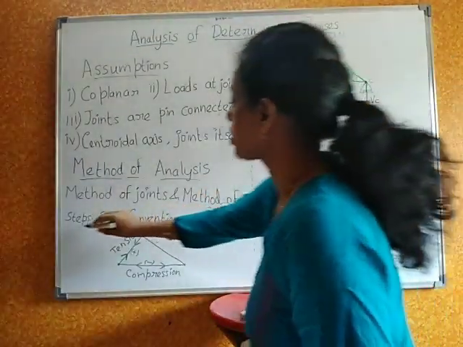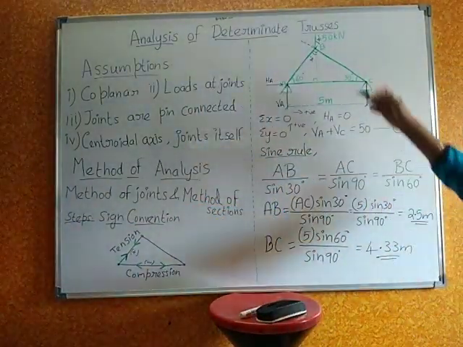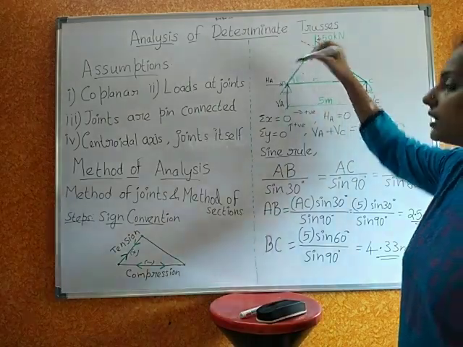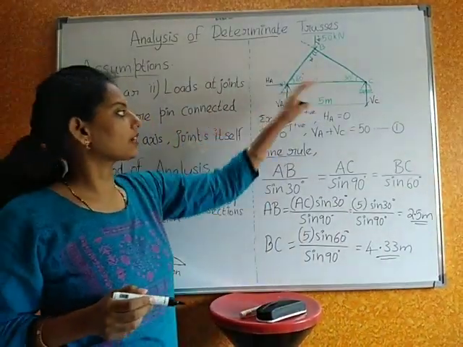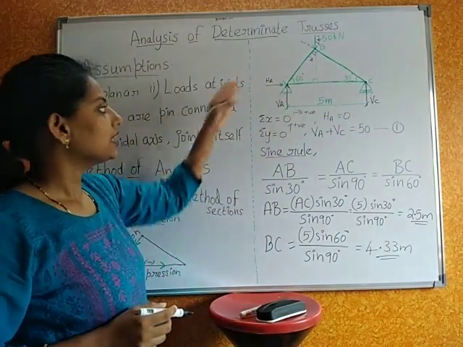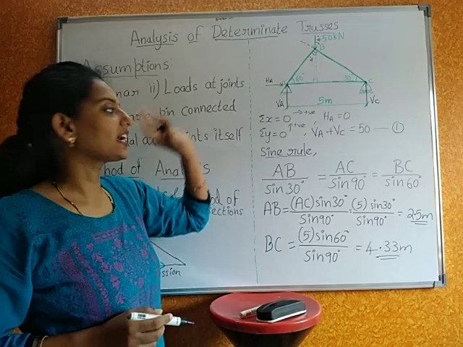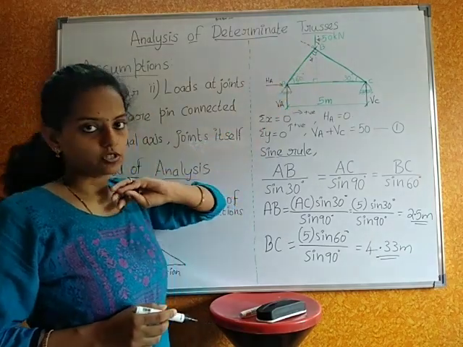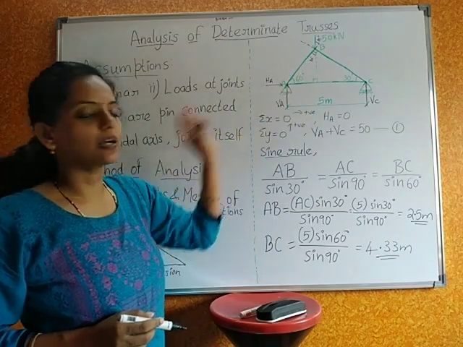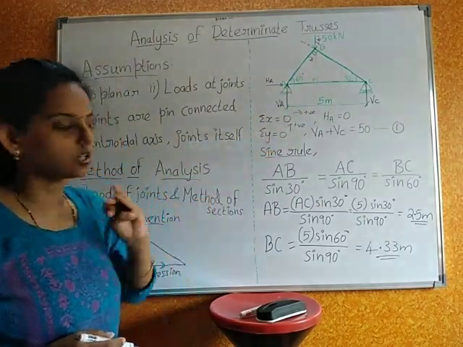Next, to solve this we have the method of joints. There are some steps we have to consider. First of all, calculate all the reactions at the supports first. Then consider any one joint, draw the free body diagram of that joint and find the member forces using the simple equilibrium equations, summation x equal to 0, summation y equal to 0.